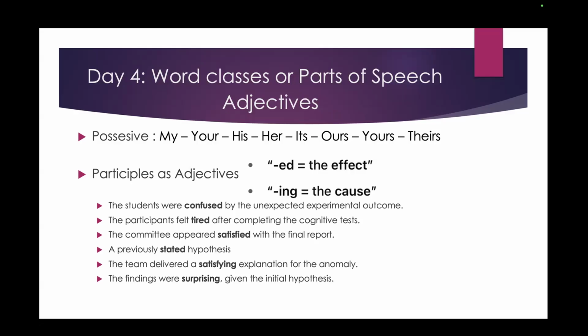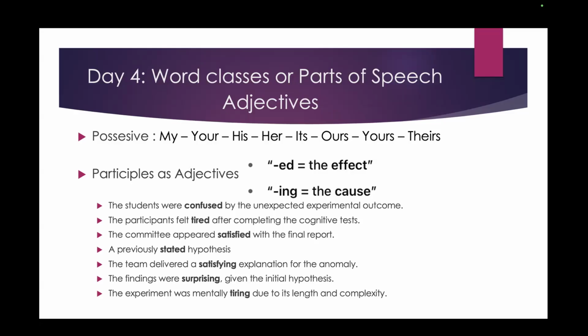Another example of ing: the findings were surprising given the initial hypothesis. So this is modifying a thing, the findings, and that's why we use the ing at the end, surprising. Another example: the experiment was mentally tiring due to its length and complexity.